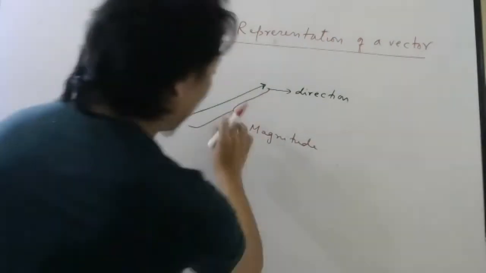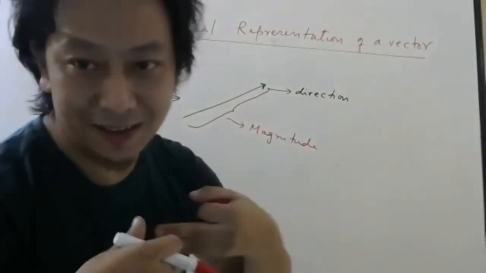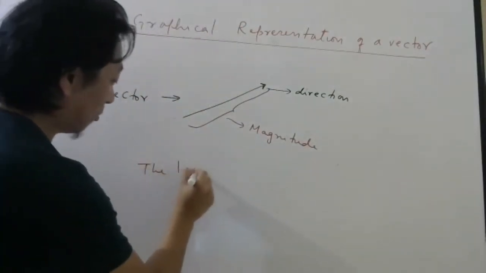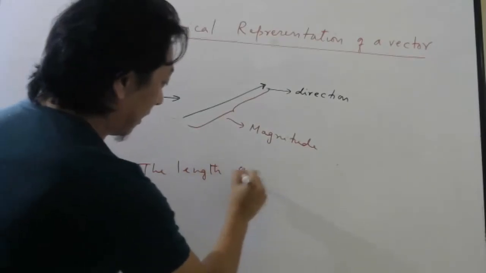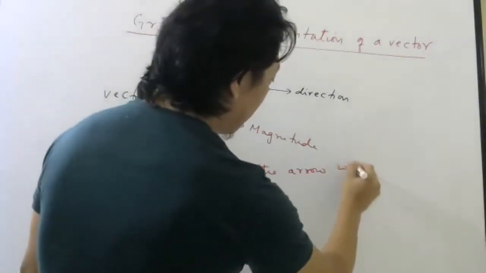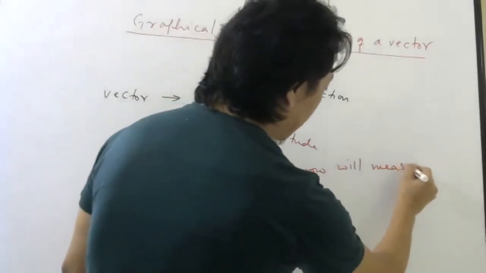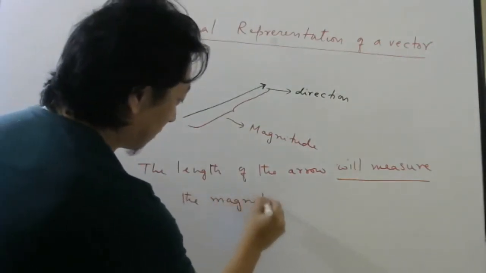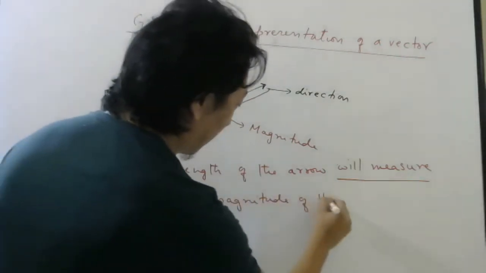When I say it gives you magnitude, it is not directly equal to it. The length of the arrow will measure the magnitude of the vector.